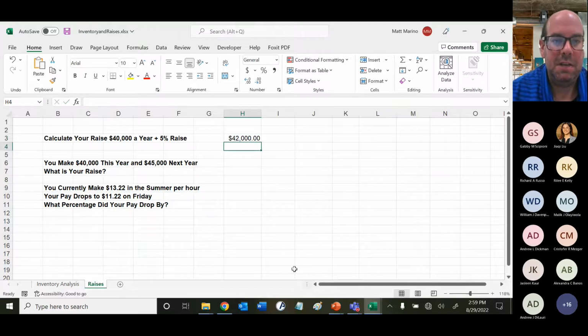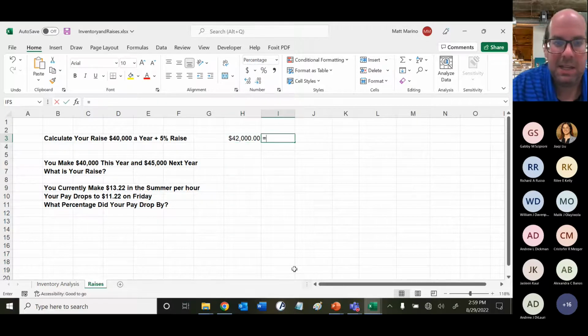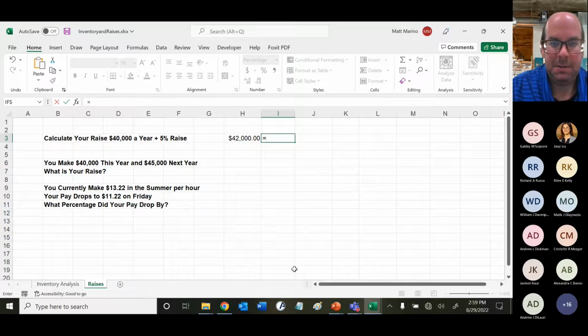So when you hit enter, you get 42,000. So our 5% raise gave us an extra $2,000 a year. So you can do it the same exact way.